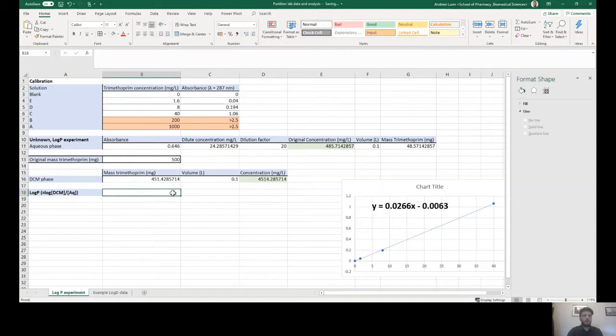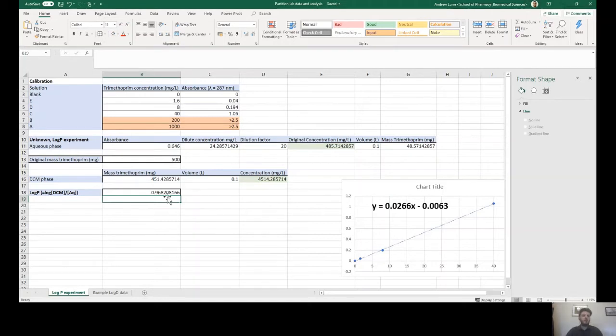So the log P is going to be equal to the log to a base of 10 of the ratio between the concentration of the DCM phase divided by the concentration of the aqueous phase. And we get a log P value of trimethoprim, assuming this is all unionized and we're not taking into account ionized species, we'll get a log P value now of 0.97.